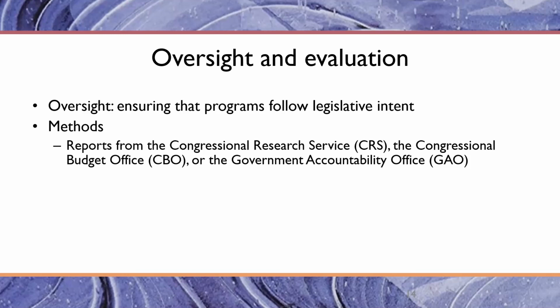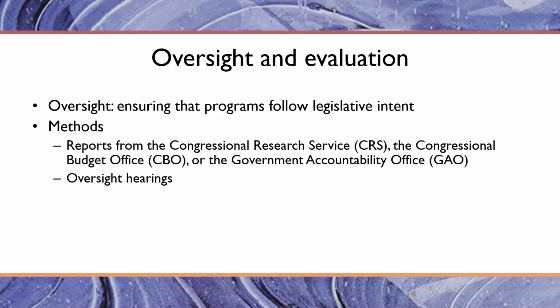Congress also holds oversight hearings, which are congressional hearings in which instead of considering legislation to be passed, they'll bring in officials from the executive branch agencies who are charged with implementing various programs and ask questions about how the program is going.